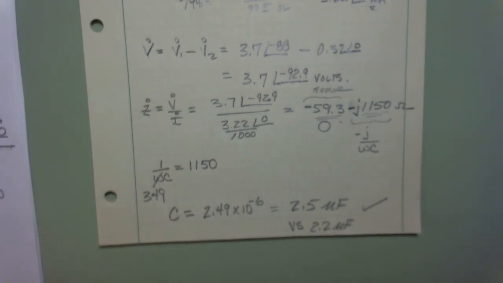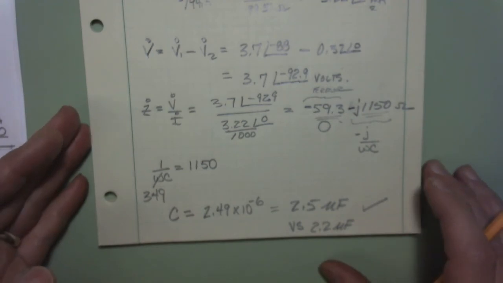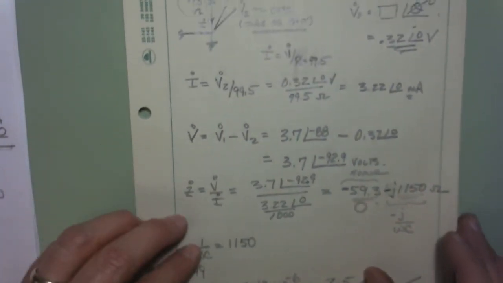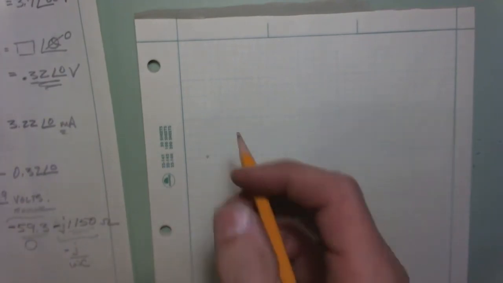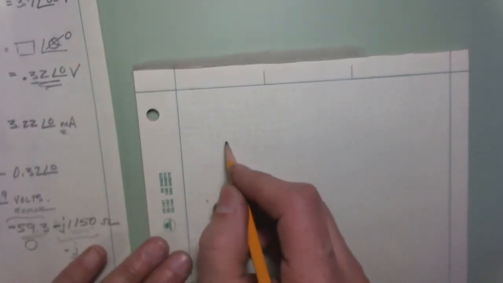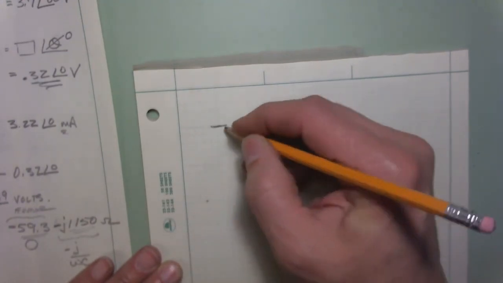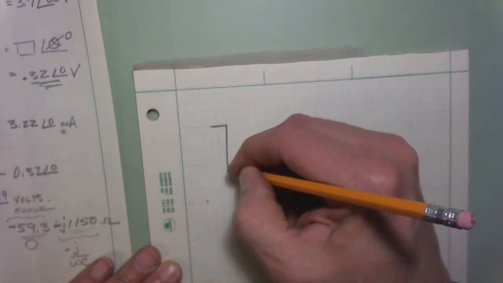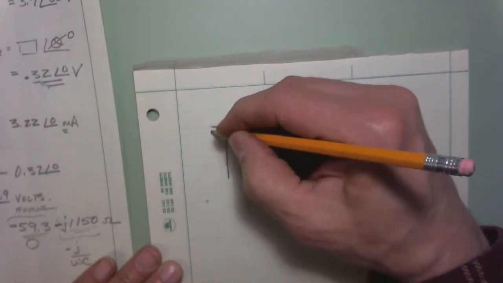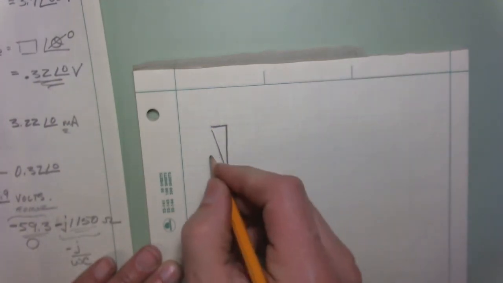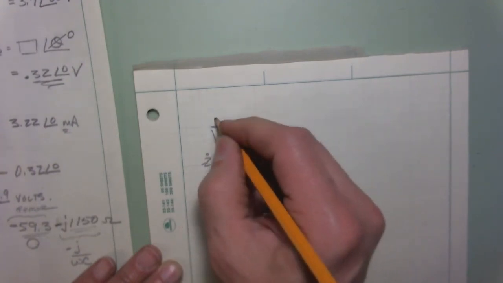Okay, so that's good. Now, one of the things that we're going to be tasked with doing is to come up with an impedance triangle and a phasor diagram. So for the capacitor, our impedance triangle is going to look something like this. That will be the impedance.